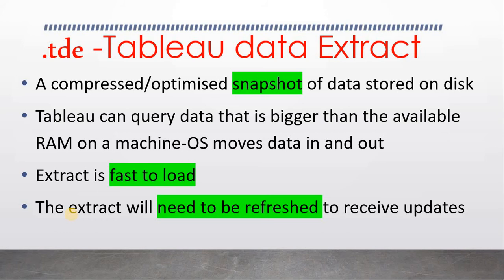That's the only drawback. Otherwise, if we know the original is not updated, or not updated frequently, we don't even have to connect, because even if you connect to live, it will be the same data, so there is no need to check for updates. But if the data source changes frequently, we need to change that extract to live, get new data, and then get a new, updated snapshot for our extract.